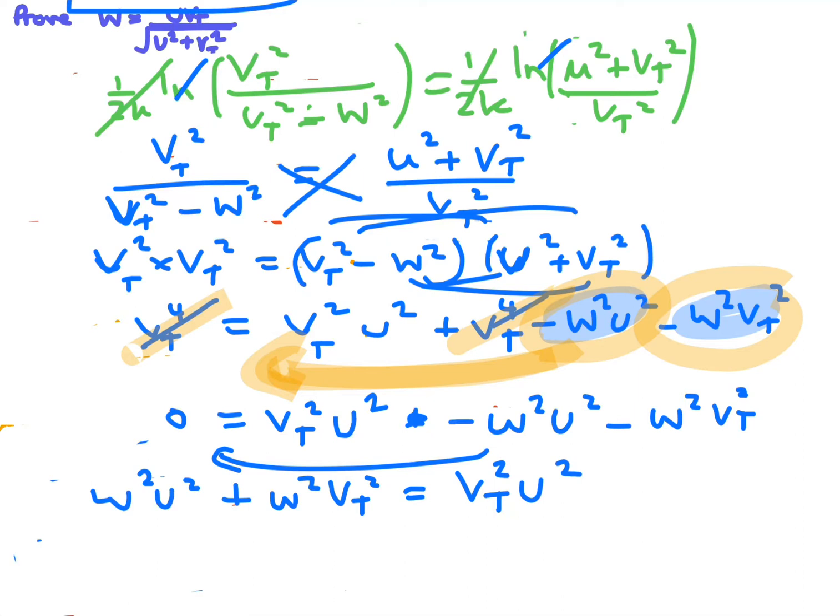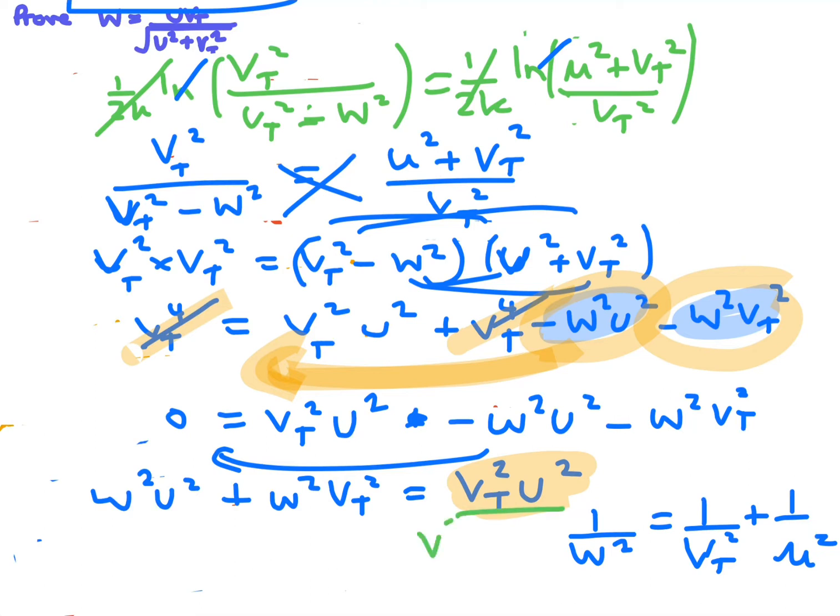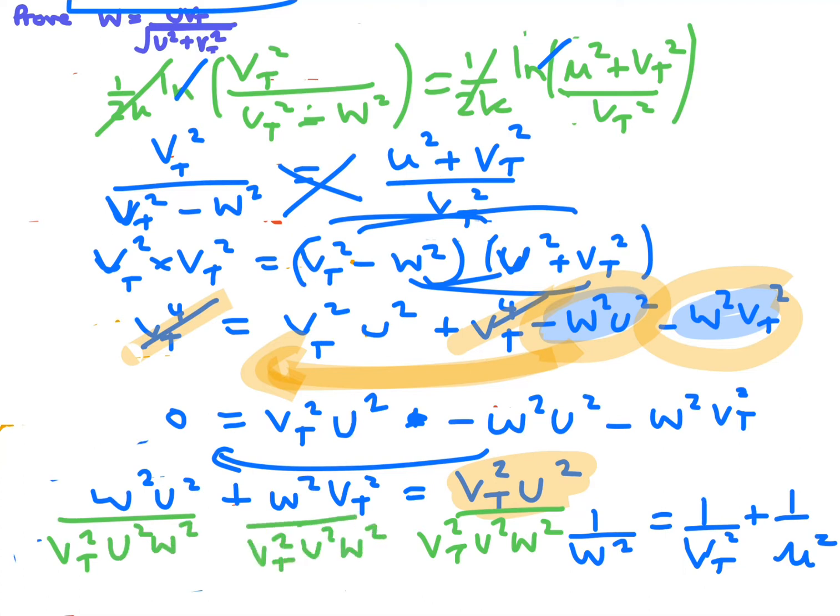equals vt squared mu squared. So what our prize is, what we're trying to get, is 1 on w squared is 1 on vt squared plus 1 on mu squared. So the 1 on w squared would have to match up with that. And the only thing that's actually missing there is the w squared. So I'm going to divide everything by vt squared mu squared w squared, and let's just have a look what will happen.